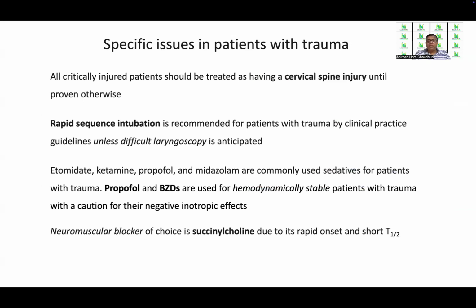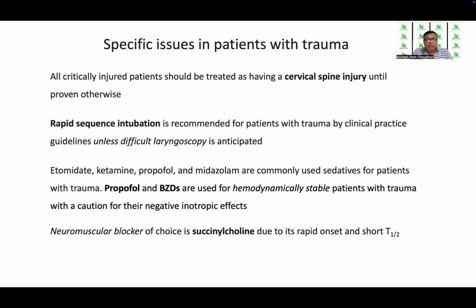Besides this management, which is common to all patients, there are certain specific issues in patients with trauma. All critically injured or traumatic patients should be treated as having cervical spine injury unless proven otherwise. Rapid sequence intubation is recommended for patients with trauma by clinical practice guidelines unless difficult laryngoscopy is anticipated.